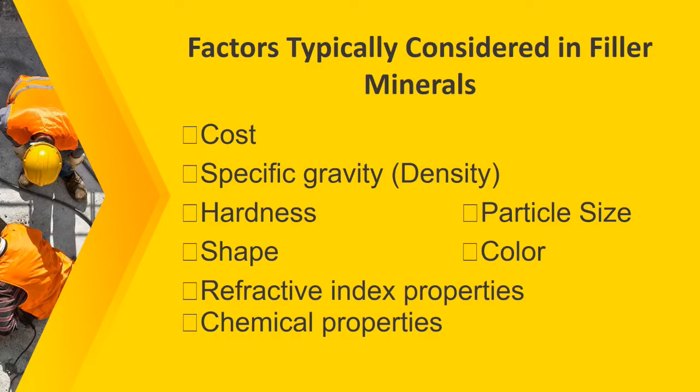Okay, dito naman tayo sa factors typically considered in filer minerals cost. Ayun nga yun kanina, mas cheaper, mas cost effective yun filer at mas matibay pa kumpara kung bibili ka pa ng mga expensive materials na additive lang naman sa asphalt.